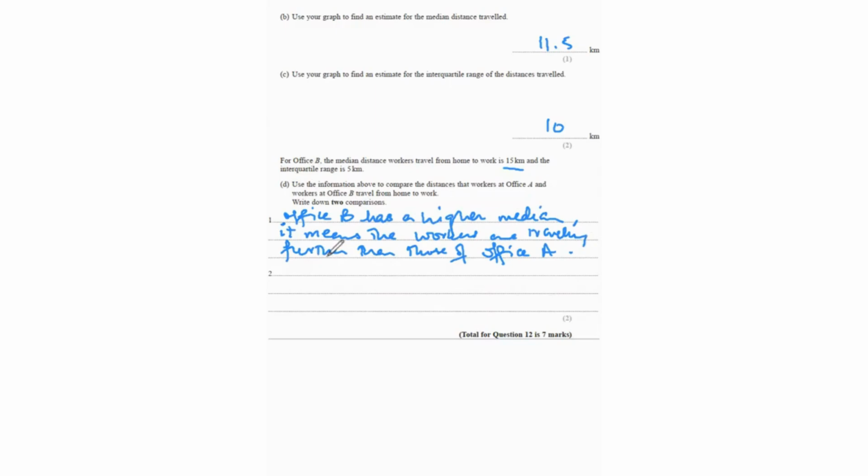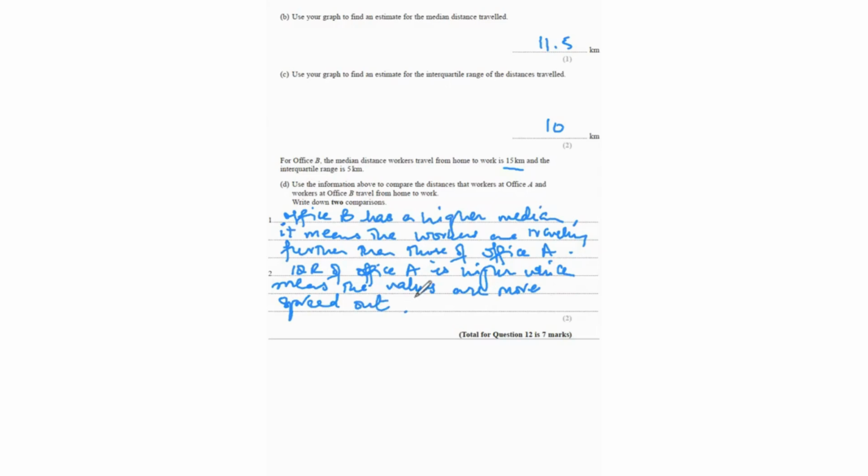office A. Then for the interquartile range, if someone has a higher interquartile range, that means the data values are more spread out. So the interquartile range of office A is higher, which means the values are more spread out.